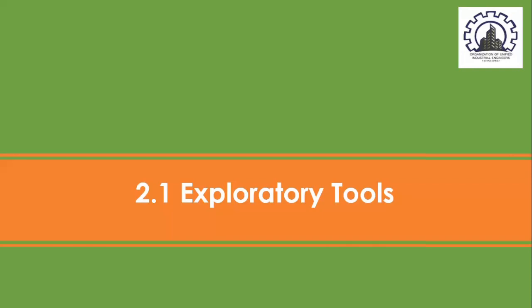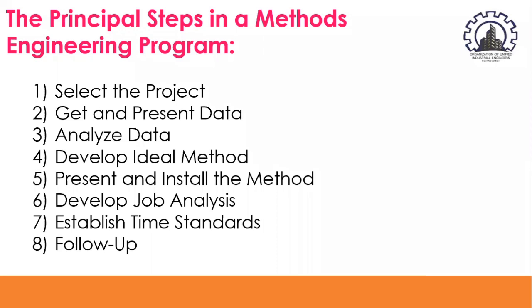Now, just a brief recap. Remember that in Chapter 1, we discussed the principal steps in a methods engineering program or methods analysis, right? And we learned that the principal steps are: first, selecting the problem.